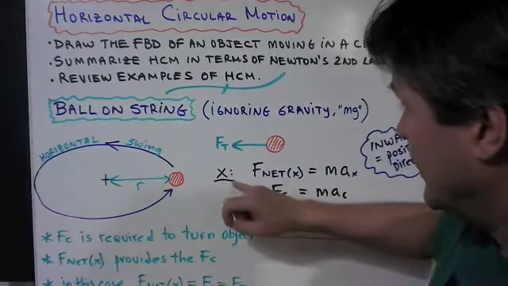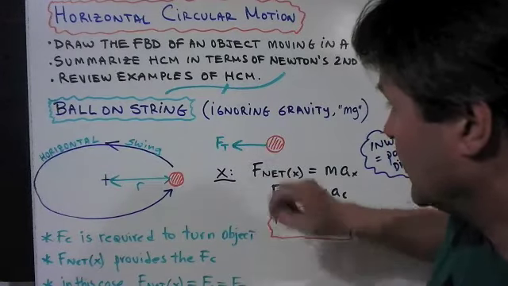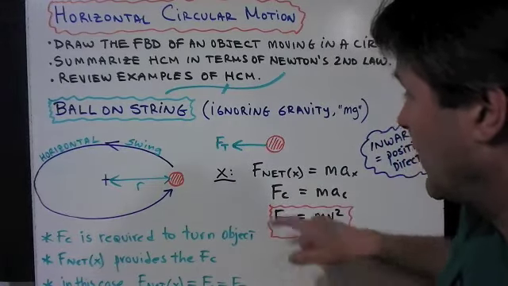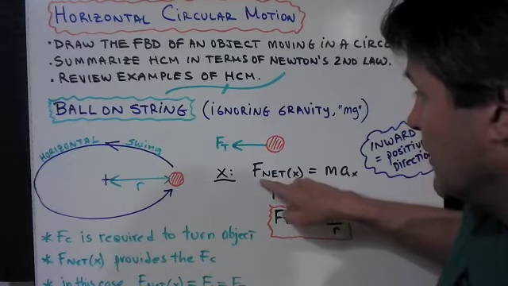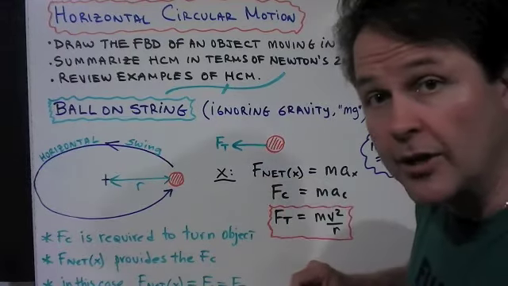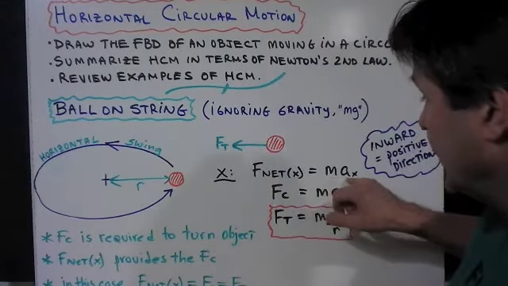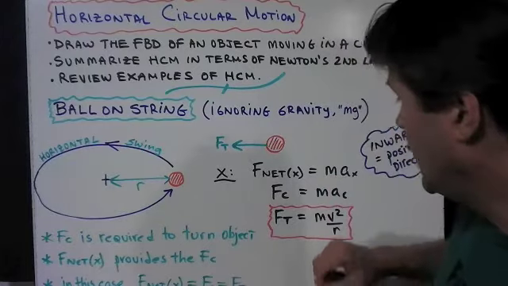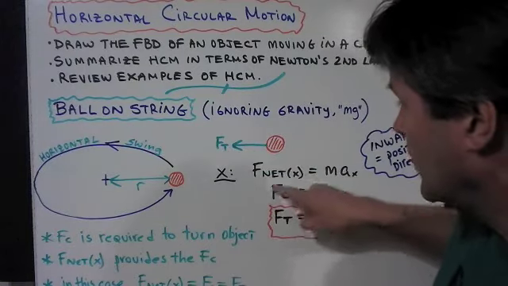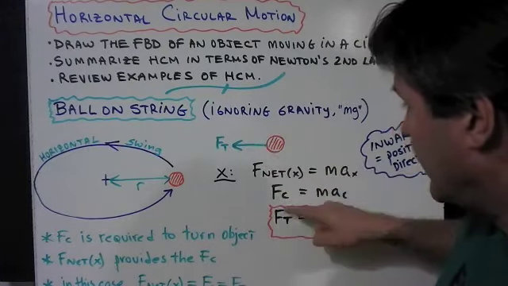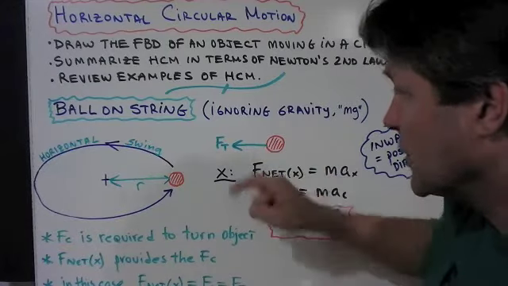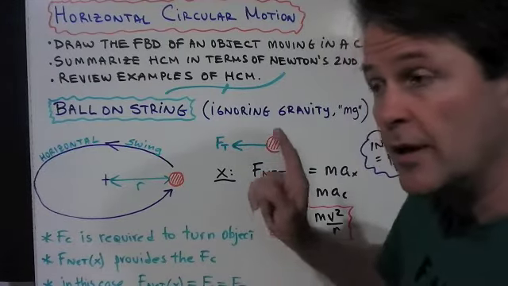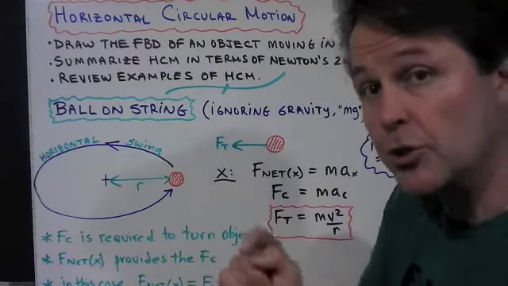Now if we analyze this free body diagram in terms of Newton's second law, we know that the net force acting on an object is equal to mass times the acceleration of the object. There's only one force acting on it, and so that'll be the force causing the centripetal, the circular motion.